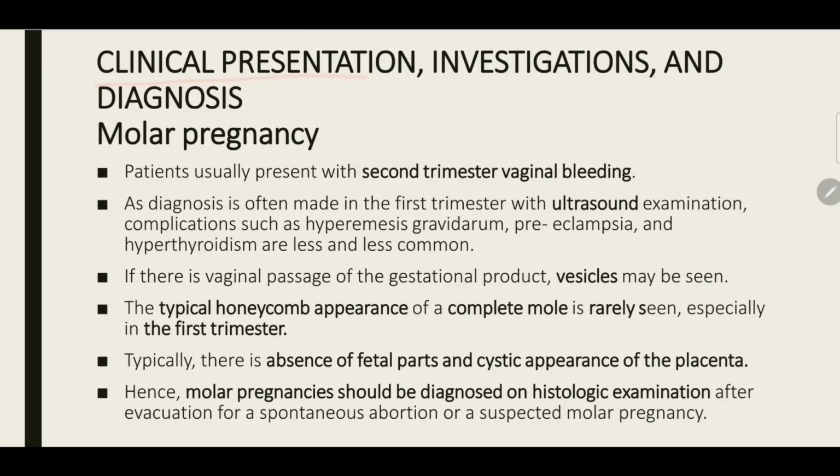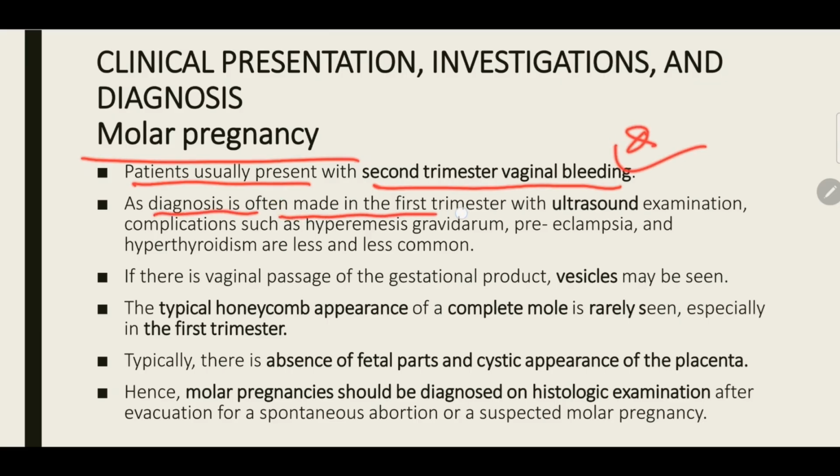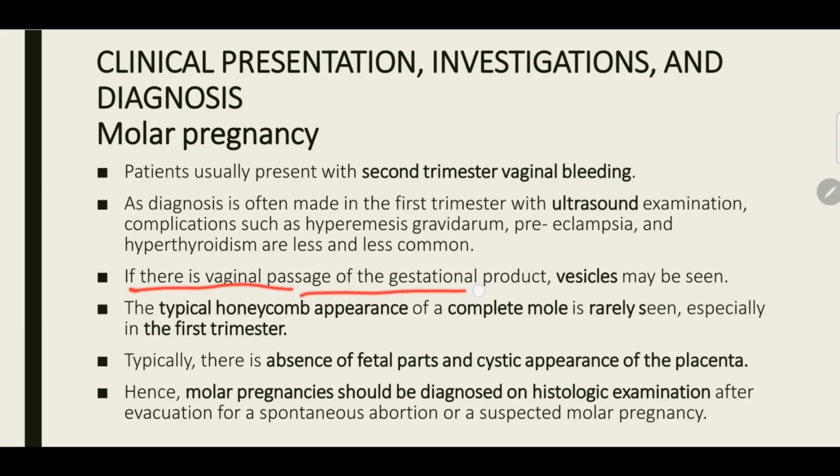Clinical presentation, investigation, and diagnosis. Molar pregnancy. Patients usually present with second trimester vaginal bleeding, as diagnosis is often made in the first trimester with ultrasound examination. Complications such as hyperemesis gravidarum, preeclampsia, and hyperthyroidism are less common. If there is vaginal passage of gestational product, vesicles may be seen.